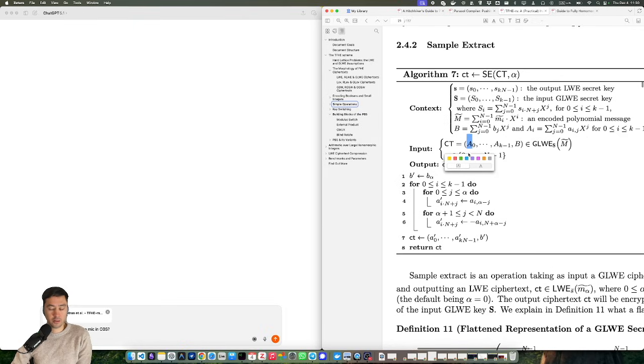So you take the first one, 0. And I'm guessing it's a polynomial, so you're getting one of its coefficients. What is alpha minus j? Oh, 0 minus 0. All right. So first coefficient.